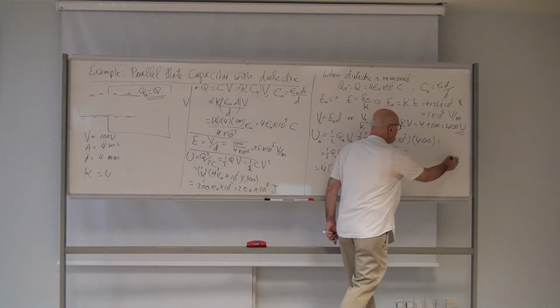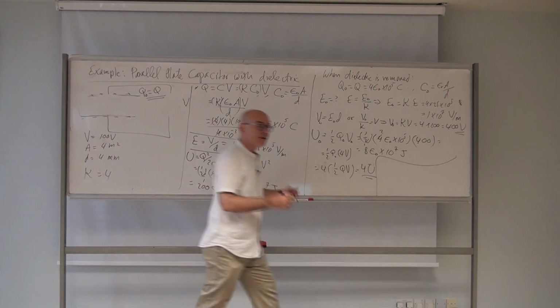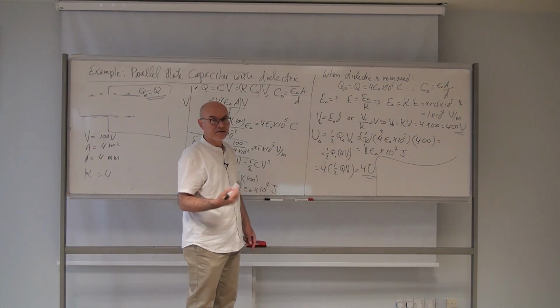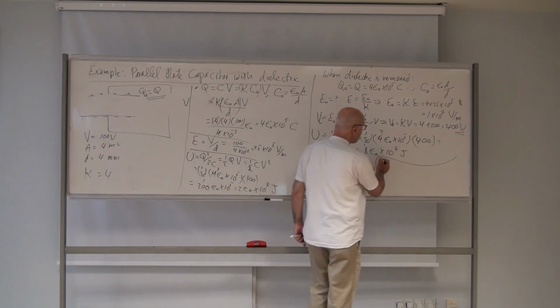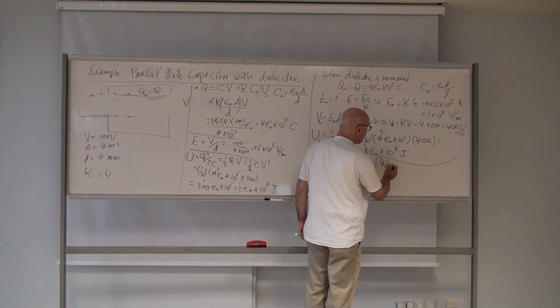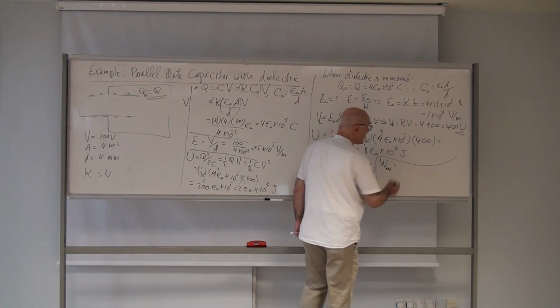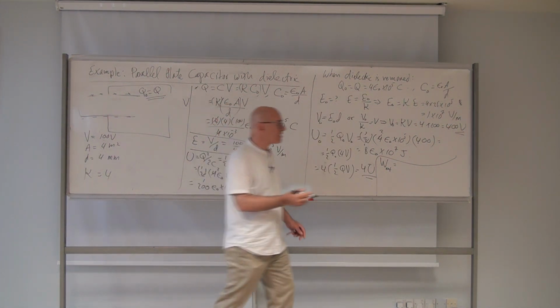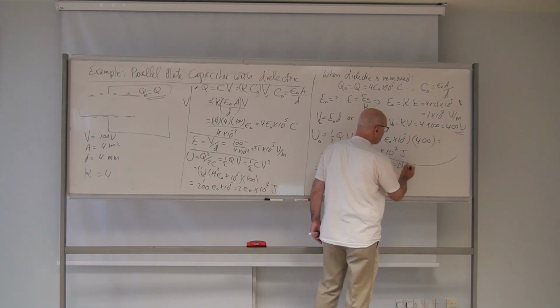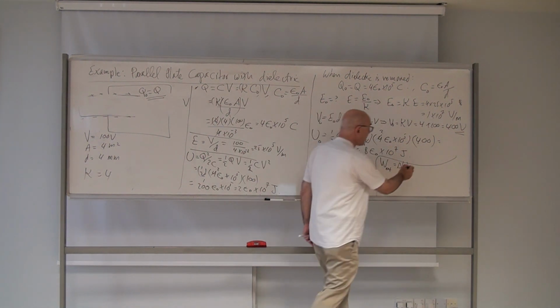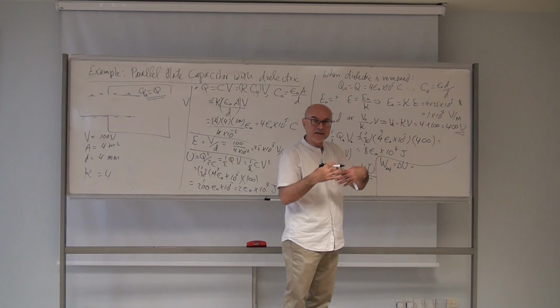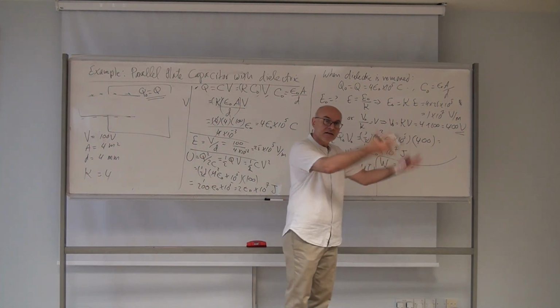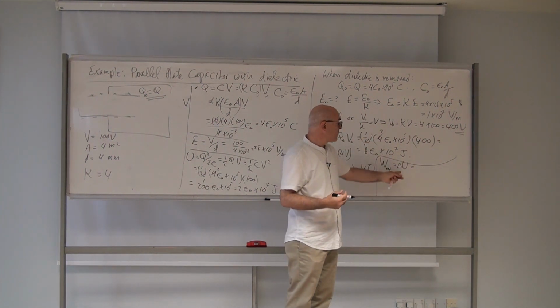And this leads us to the last expression, which is what is W external done when you remove the dielectric. W external is what? Is delta U. And in our case, delta U is U final minus U initial. I mean, delta here is the latest minus the earliest. What is the latest one?